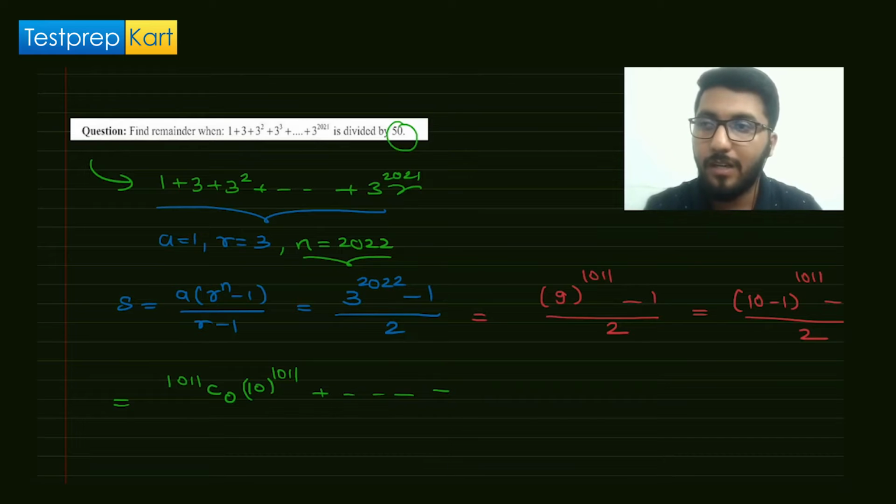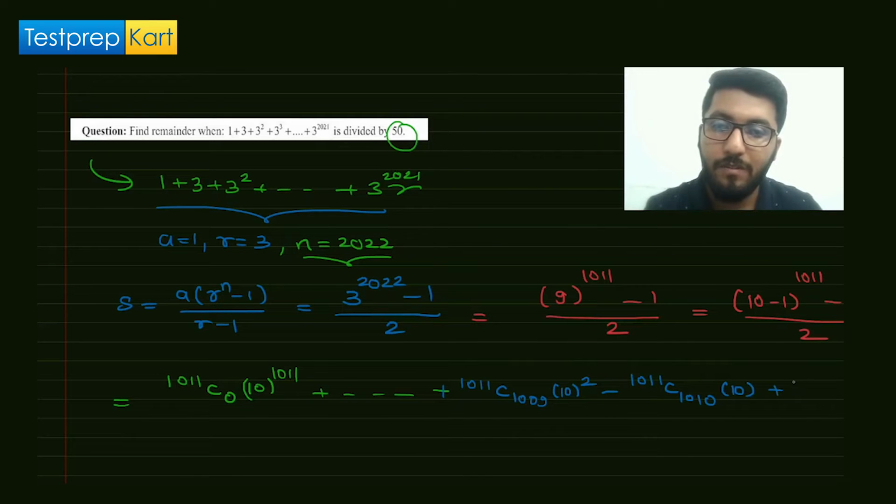You're going to understand that within a minute. So the third last term will be 1011 C 1009 with 10 square. Then the next term will be 1011 C 1010 with 10, and the last term will be 1011 C 1011 with 10 raised to power 0 and minus 1 raised to power 1011.